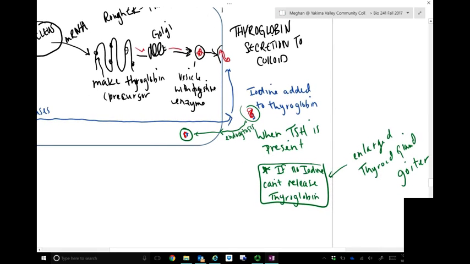Okay. So the same thing is going to happen over here where we have some digestive enzymes added. So this is a vesicle with digestive enzymes from the Golgi. That's Golgi's job. It's going to do some packaging.